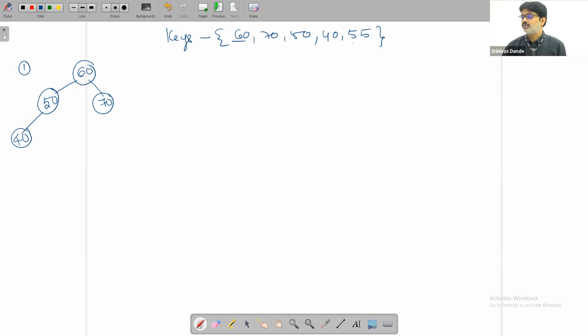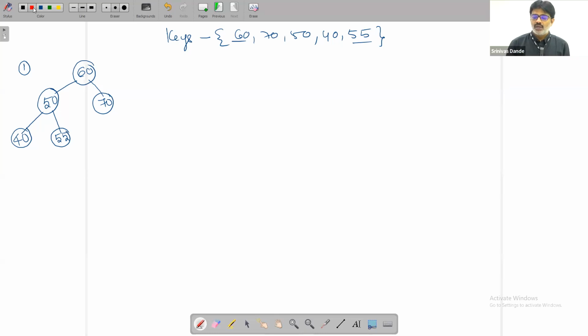And 55: the root is 60, 55 is less, come here, 50, 55 is greater, so it comes here. So I inserted all of these. I think these elements are automatically balanced, right? I didn't do any rotations. Whenever I insert 60, 70, 50, 40, 55, we didn't get an unbalanced BST at any point of time. Okay, up to this, fine.